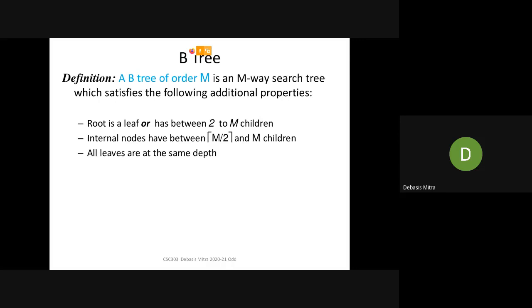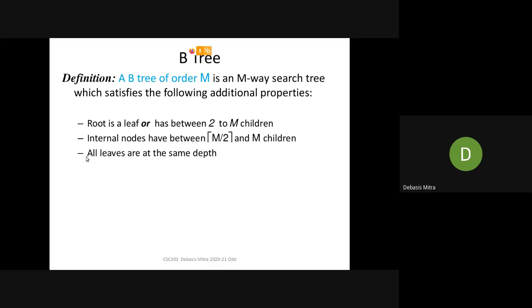We will have a very large height, almost proportional to n, that we don't want. So that is the main reason why we include this. And in a B tree, this particular value is m by 2 floor. Whatever the value of m, that will be the maximum number of children possible, and m by 2 floor will be the minimum number of children that an internal node must have.